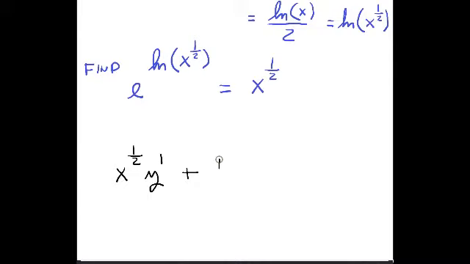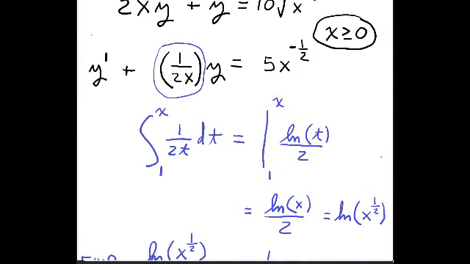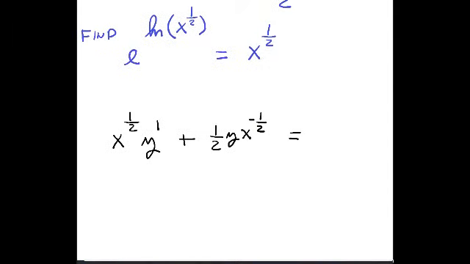So I get 1/2 y, but now an x to the minus 1/2. Is that correct? Yes, because there was an x in the denominator, so now there's an x to the minus 1/2. That will be equal to, since we had 5 times x to the minus 1/2, if I multiply by x to the 1/2, we are just left with 5.